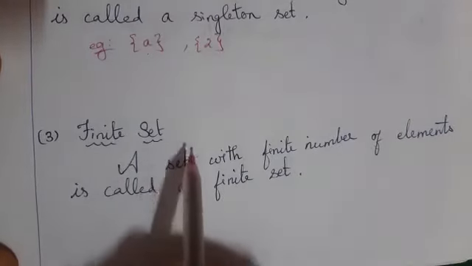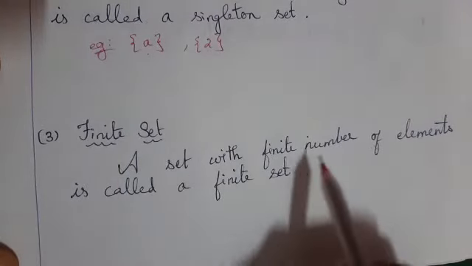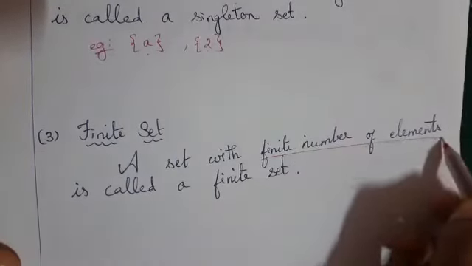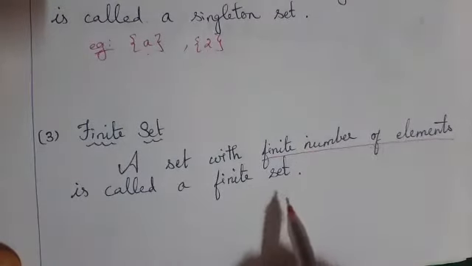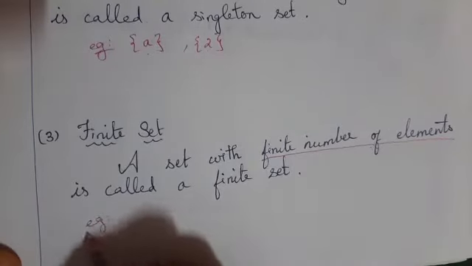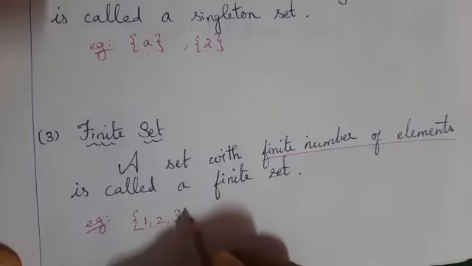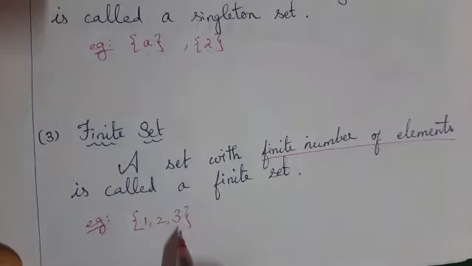Third, finite set. A set with a finite number of elements is called a finite set. Example, if you take a set 1, 2, 3, how many elements are there? 3 elements are there. You can count how many elements are inside the set.